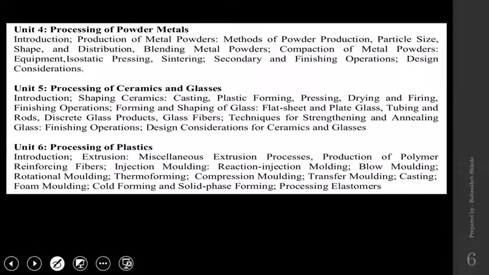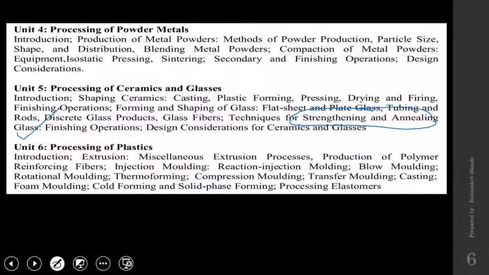Nowadays each one of us has a smartphone, and to protect the screens, we go to the market and ask for tempered glass, right? But being an engineers, we should know what is meant by tempered glass, how it is tempered. Those are called techniques for strengthening and annealing of the glass.